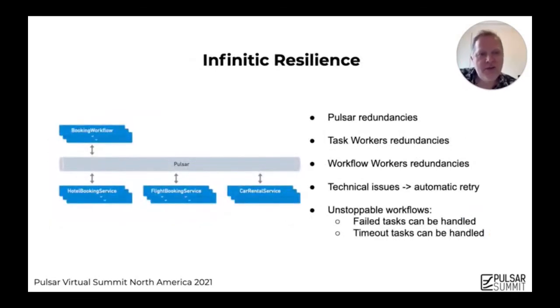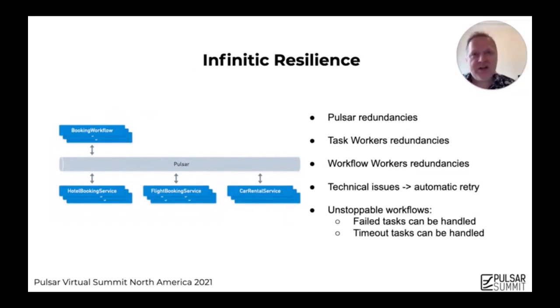Okay, but a very important feature of Infinitic is the ability to build a very resilient infrastructure. Of course, we benefit here from the great features of Pulsar and all the guarantees that Pulsar already brings to you.